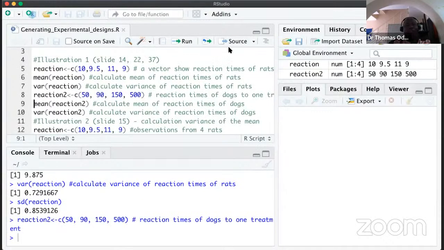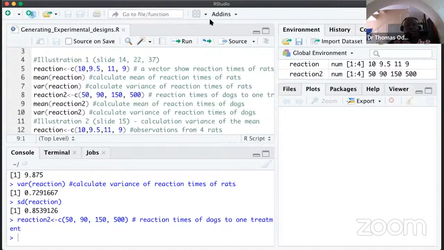Okay, so I have the object here. You can see it is also appearing in the environment. Reaction2 is here. It tells you it is numeric, it has 4 elements, 1 to 4, and the values are also there.